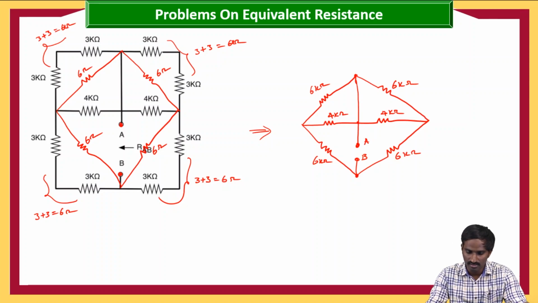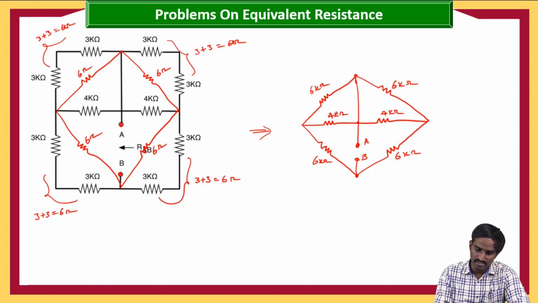Now the another combination is here, you can see. Let us see whether these 6 ohms and 4 ohms are series or parallel. Of course here 6 and 4 having one common point, but this common point is sharing with again this 6 kilo ohm resistor. So that's why we can't say these two are in series.